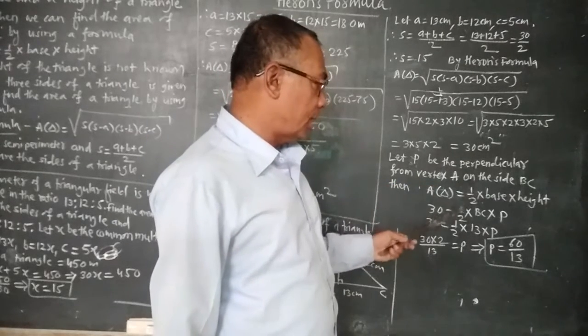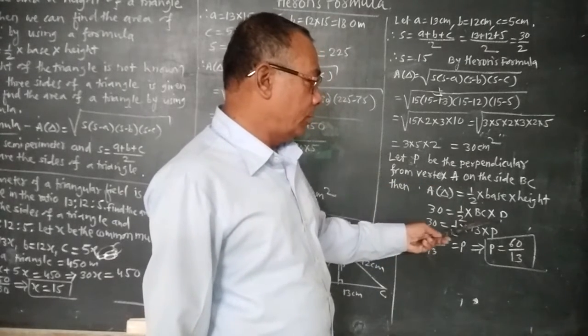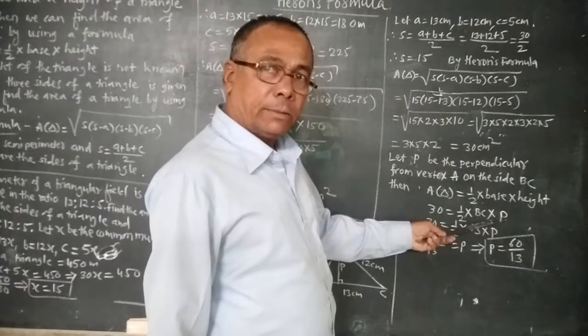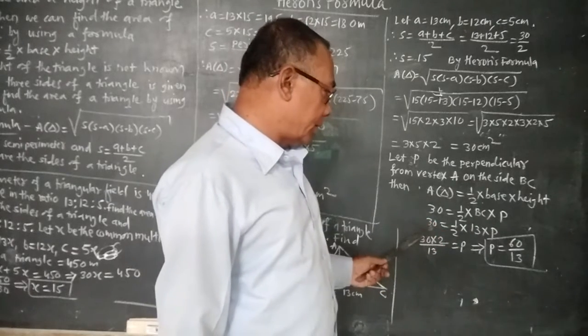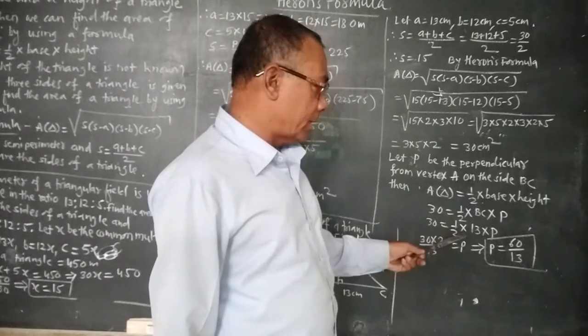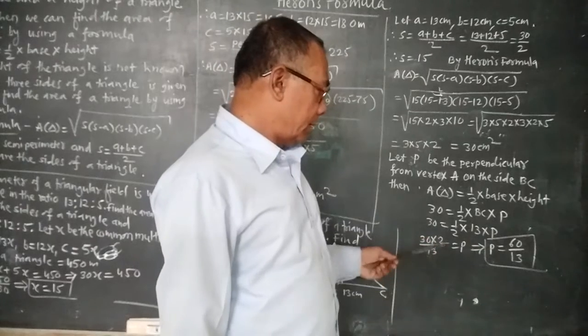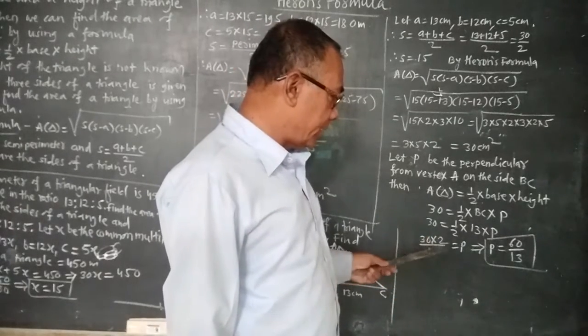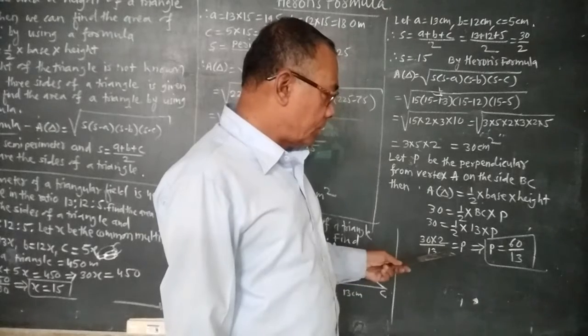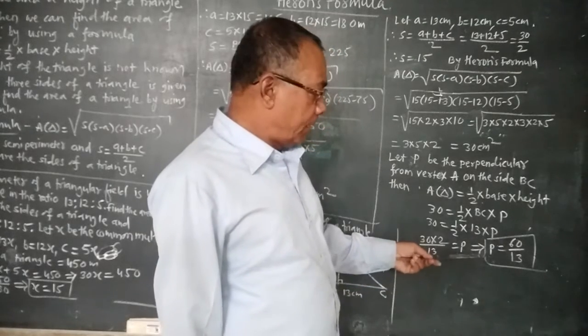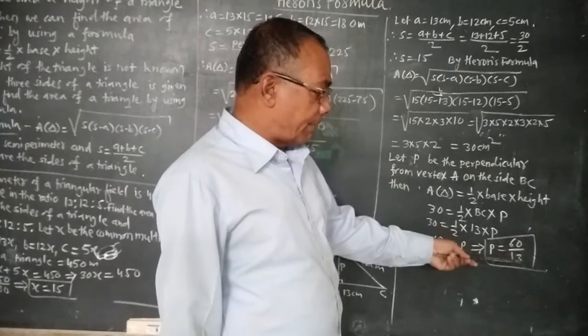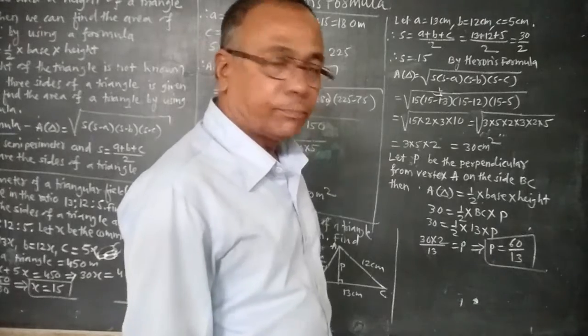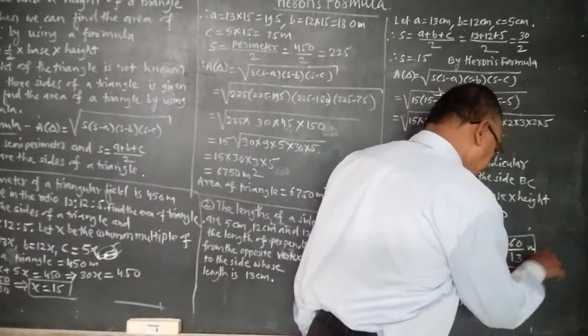So 30 is equal to 1/2 into BC into P, and now 30 is equal to 1/2 into 13 into P. Then we can transpose 2 and 13. We will get 30 into 2 divided by 13 is equal to P, and therefore P is equal to 60 upon 13 centimeter we can write here.